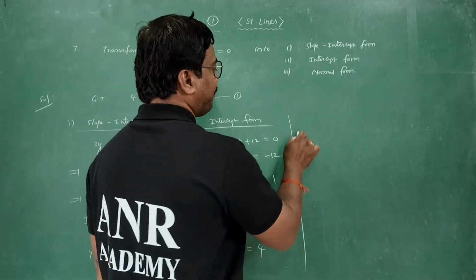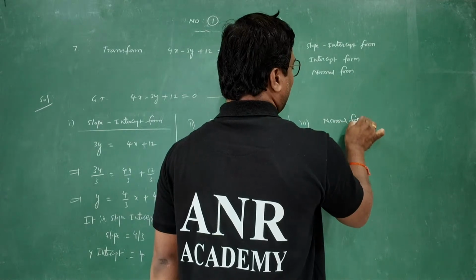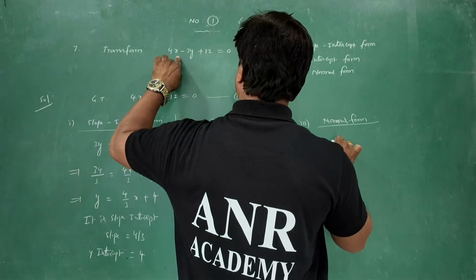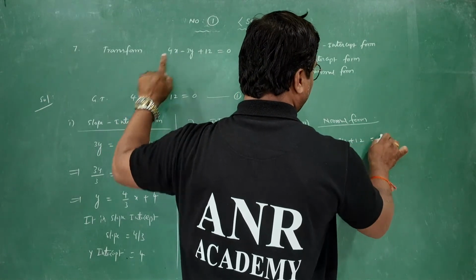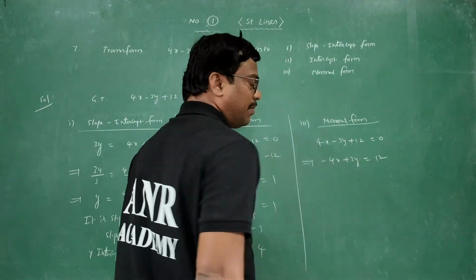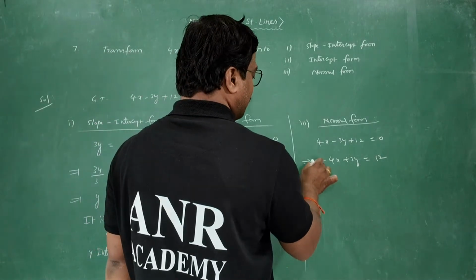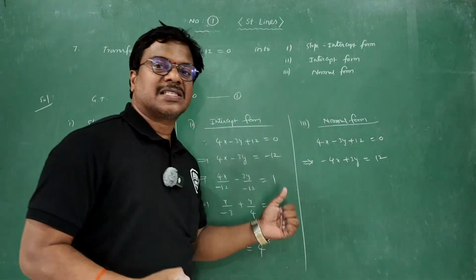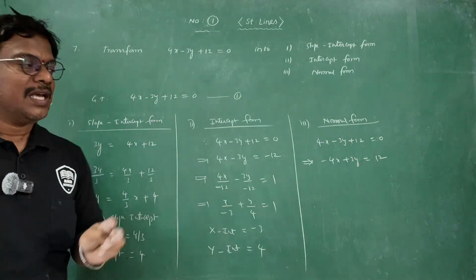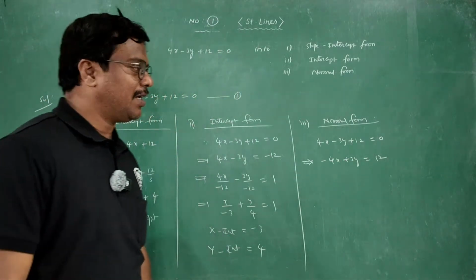Next, third one, normal form, right? You know that normal form is x cos alpha plus y sin alpha equal to p. Here the equation 4x minus 3y plus 12 equal to 0 is given. That implies minus 4x plus 3y equal to 12. Since in normal form the x coefficient and y coefficient must be between minus 1 and 1, but here we have minus 4 and 3, they are more than 1 and less than minus 1.